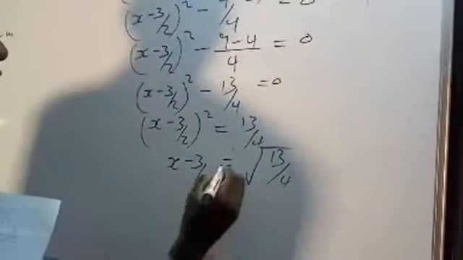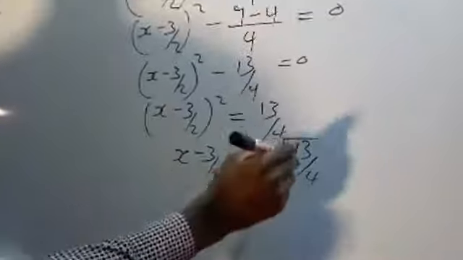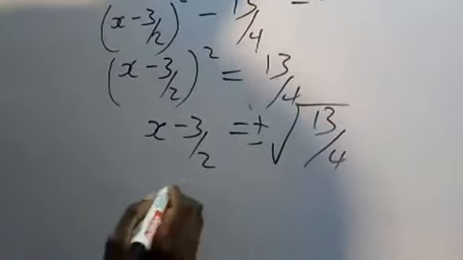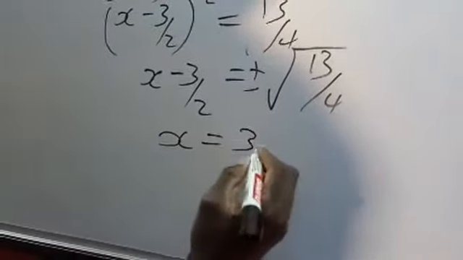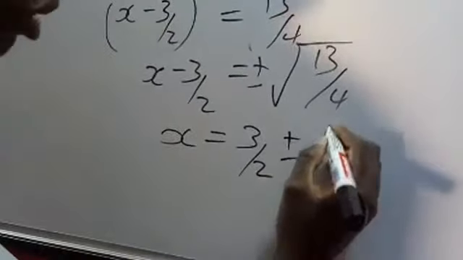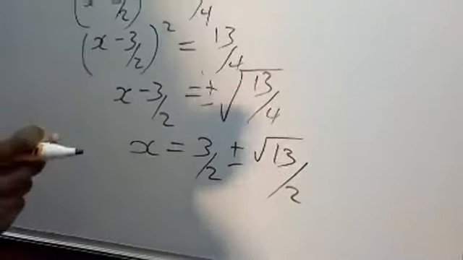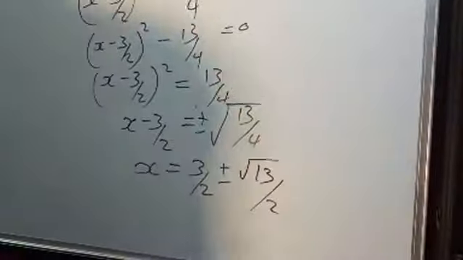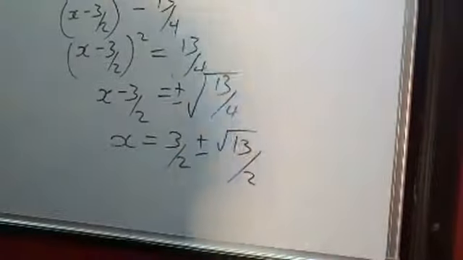Don't forget plus or minus, because we are square rooting here, making x the subject to be 3 over 2 plus or minus root 13 over 2, because the square root of 4 is 2, meeting the condition of the question.